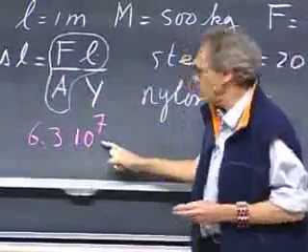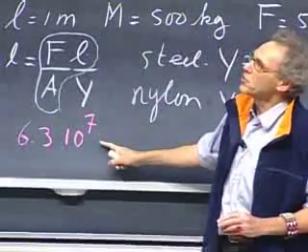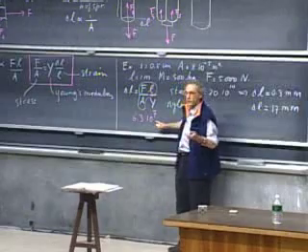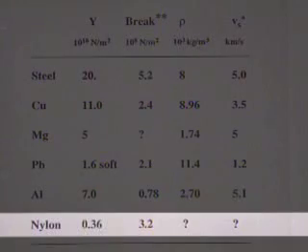If we take the case that we have here, the steel rod, for which F over A is 6.3 times 10 to the 7th, because L is 1, remember, then you can look there under steel that it wouldn't break. We would be very safe, because it wouldn't break until F over A becomes 5 times 10 to the 8th. And so we're a factor of 10 away from that. There's no problem. Even nylon would be very safe, because that wouldn't break until the stress is 3 times 10 to the 8th.